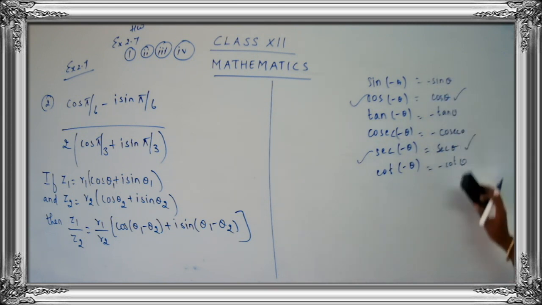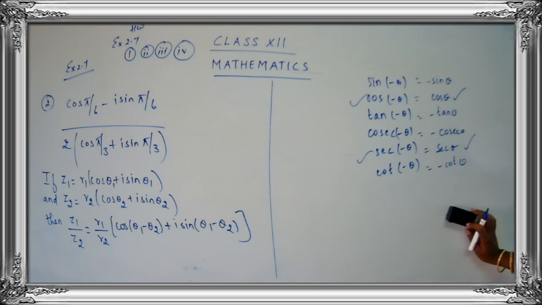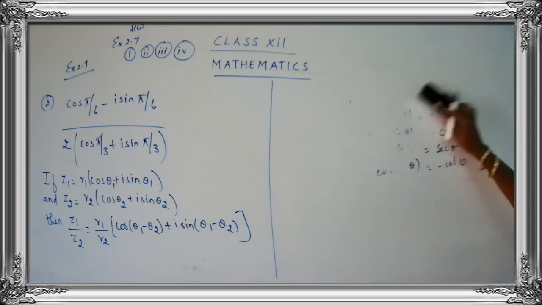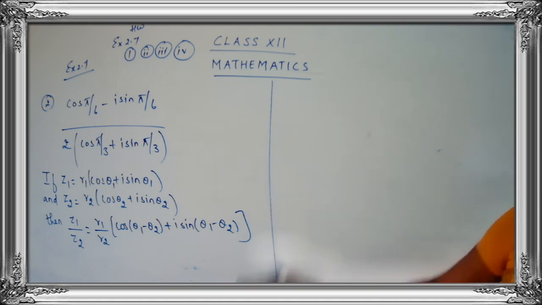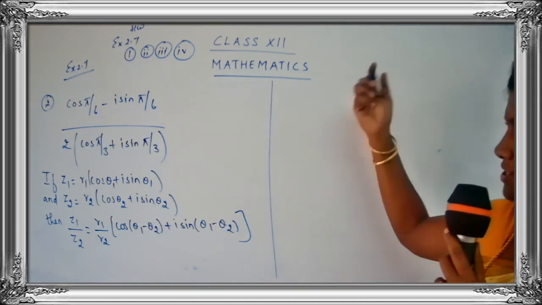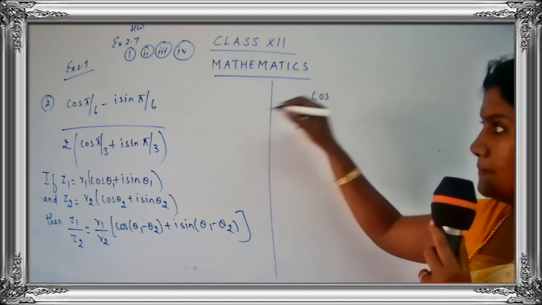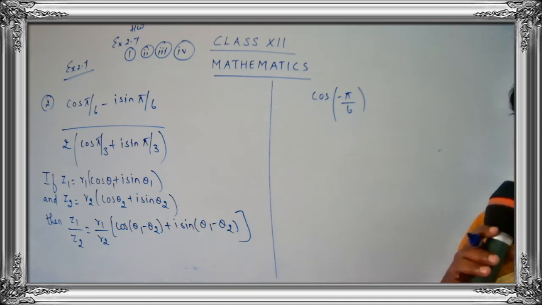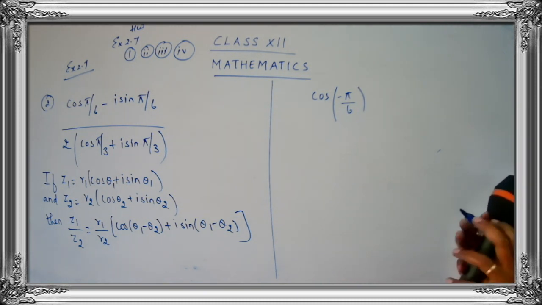So we are just going to use this property and try to change the minus in terms of plus. So let's do the work. What I'm going to do is write this cos of pi by 6 as cos of minus pi by 6. Just very simple. You have to be very careful that you should not change the value.